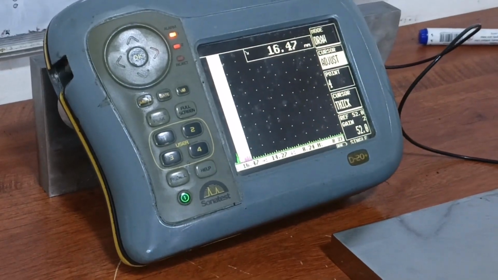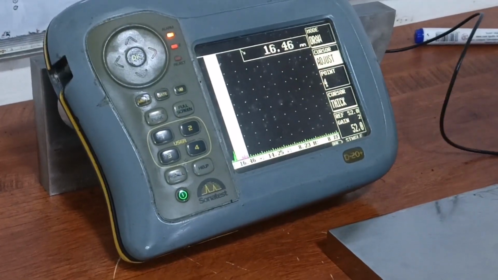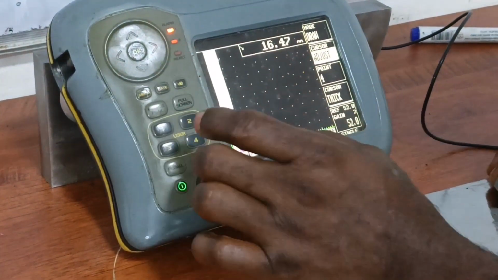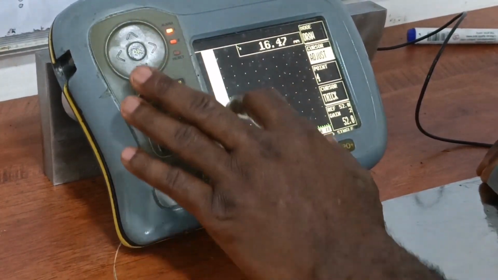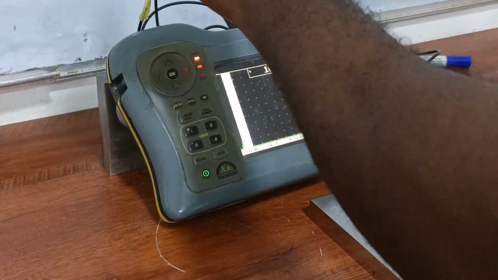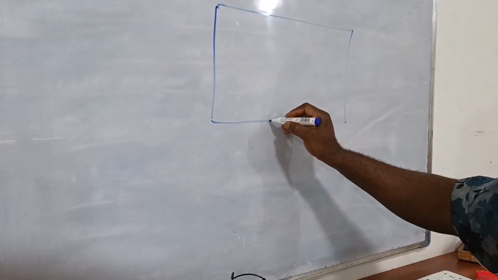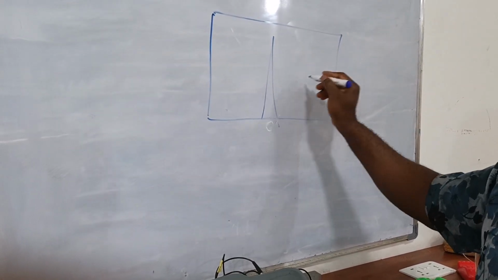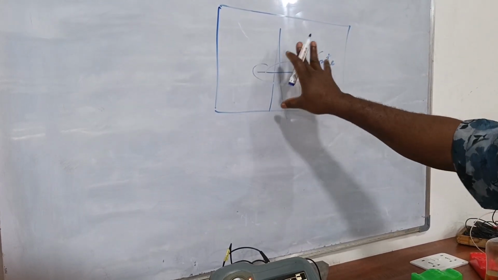Now, one major difference between the Sonatest and the Olympus series is this gate. In the case of Sonatest, this whole white band you are seeing is the gate. So you don't need to adjust the height of the gate for a small echo, like the normal flat gate on your Nortec, where you are moving the gate around when you are doing your DAC.